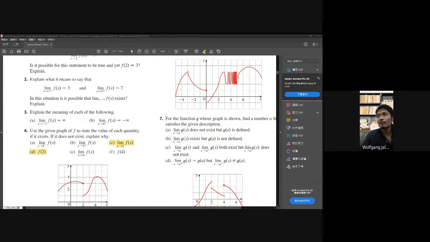Sorry, not 4, 5. Yes, 5. What is the answer when the limit x goes to 5?